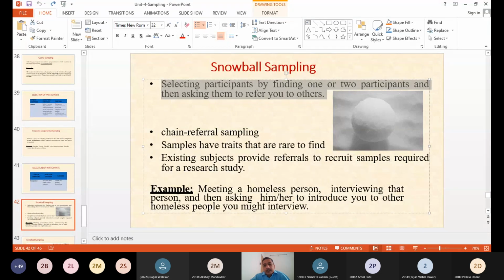So whatever contact details he gets from the people he contacts, the snowball will increase in size. The sample will go on increasing, as he contacts people, finds more people, and includes them in the study.